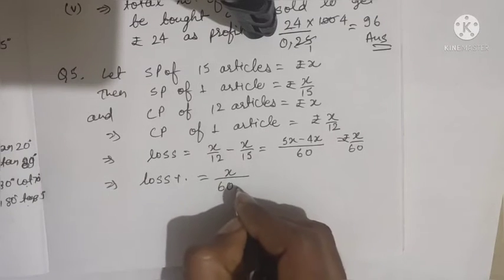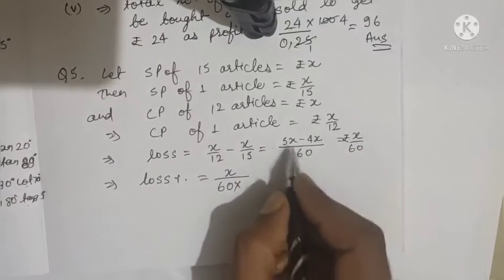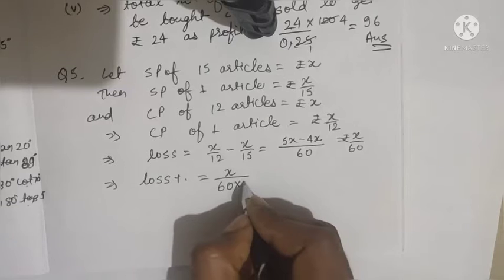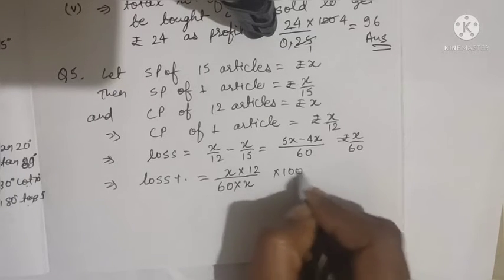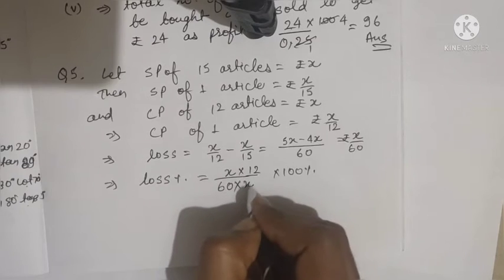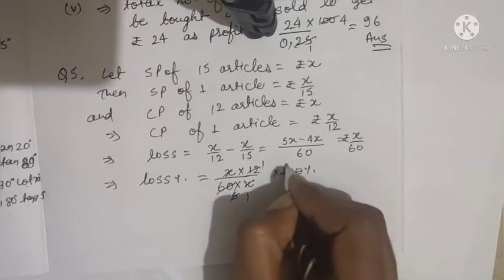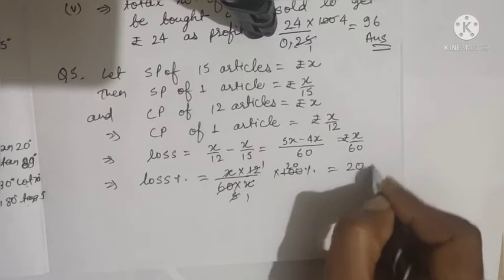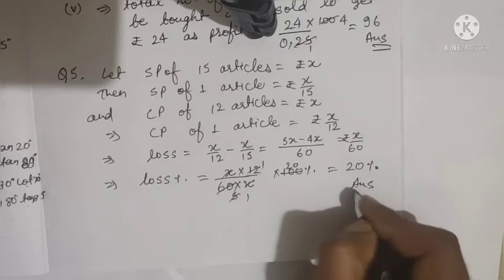So we write X by 60 into CP, and CP of one article is X by 12. So here it will be X and here it will be 12 into 100%. Now X to X cancel, 12 1 ja, 12 5 ja, 5 1 ja, and 5 20 ja. So the loss percent is 20%. Easy. This is your answer.